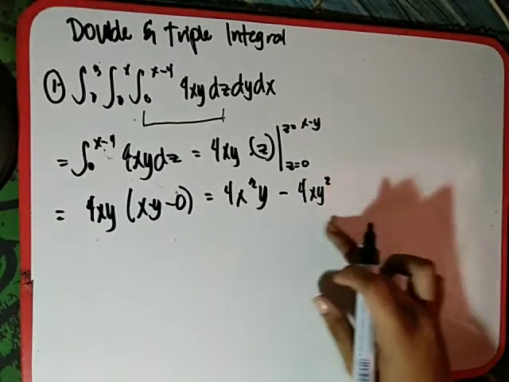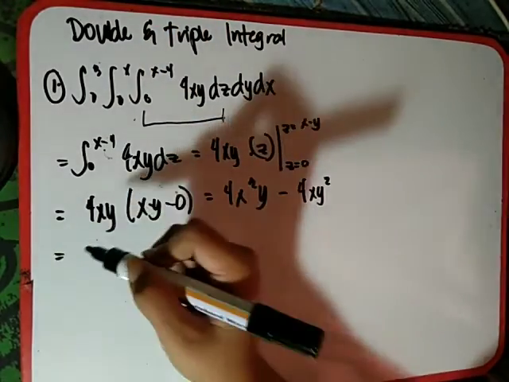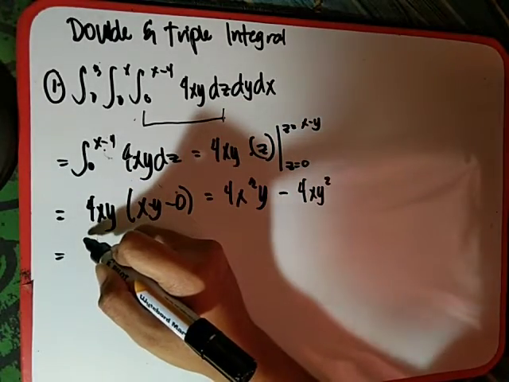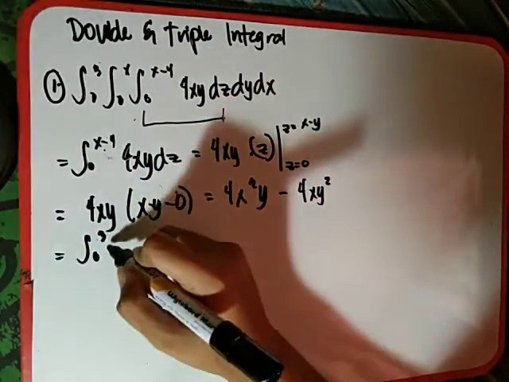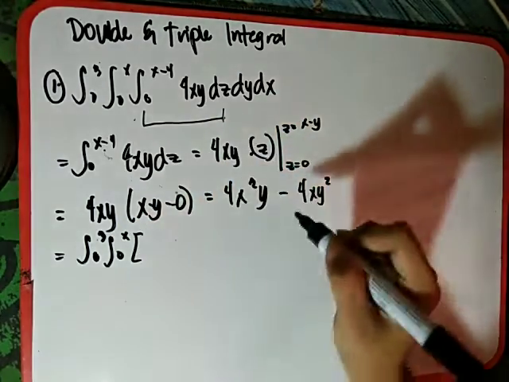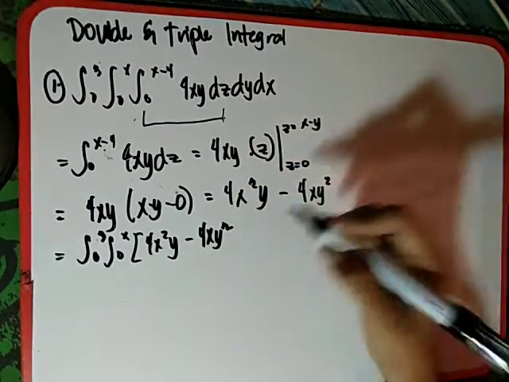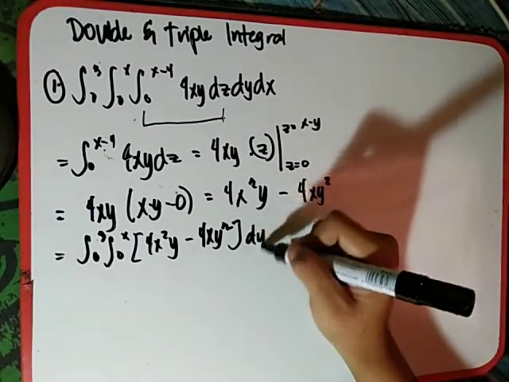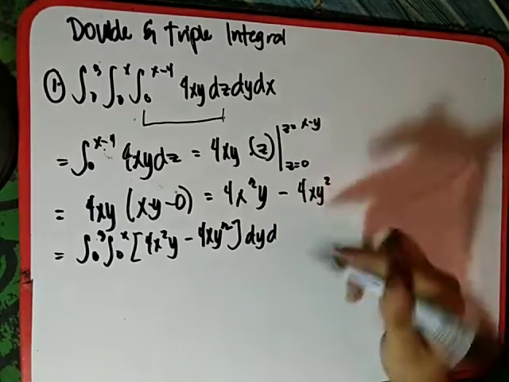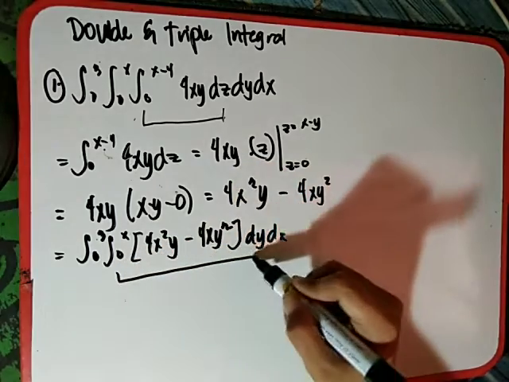So this is our evaluation for this. So we have the integral from 0 to 3, 0 to x, of 4x squared y minus 4xy squared dy dx. So we will evaluate this.